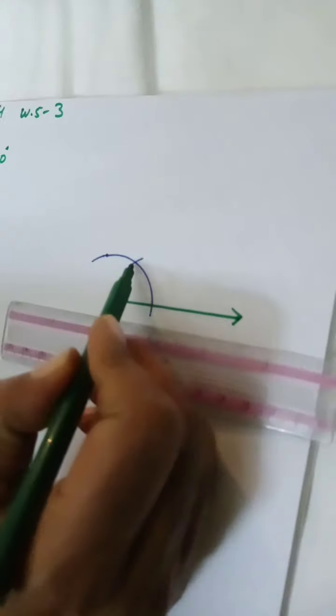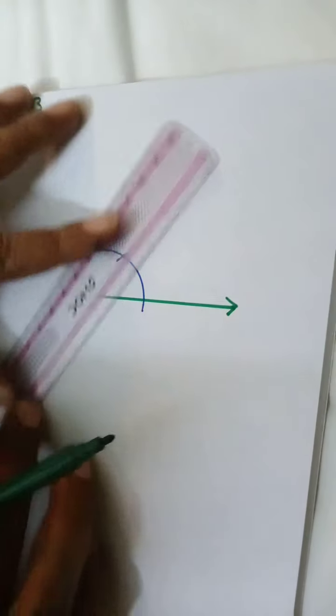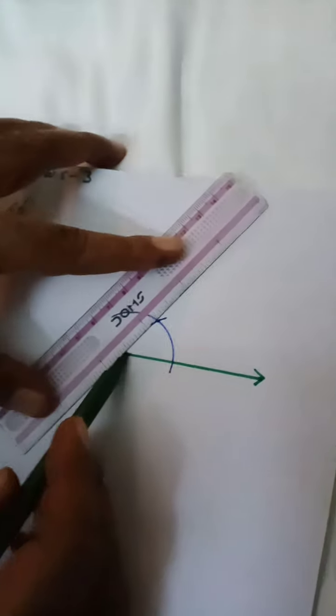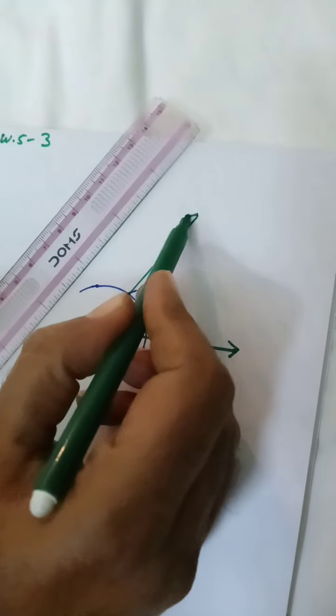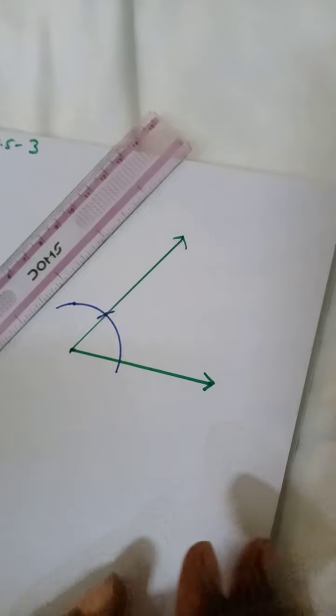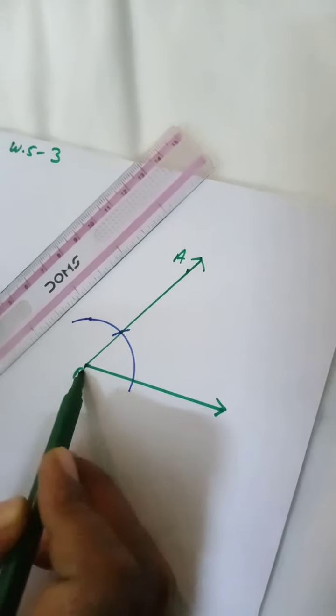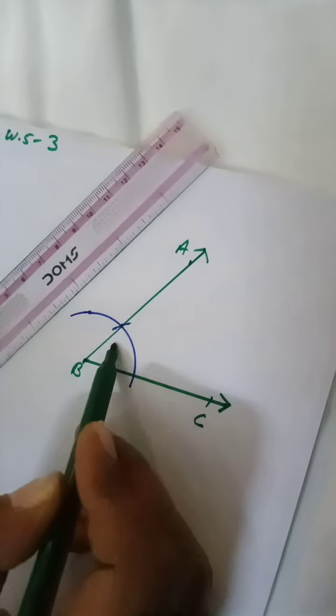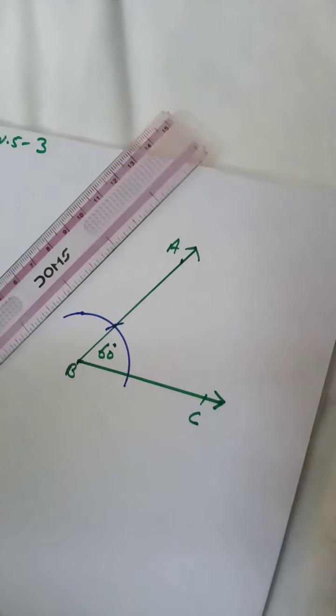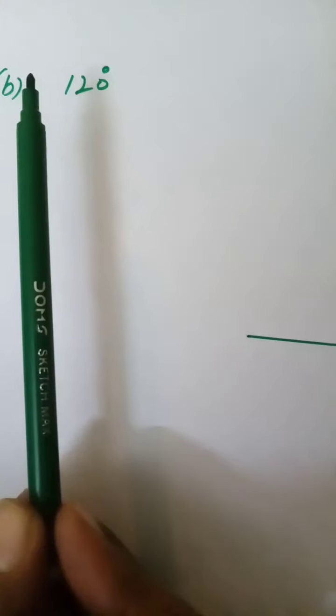Okay. Now here you get a point and join this point with this point. Put a mark of ray here. Now you can give its name A, B, C, and this is an angle of 60 degree.